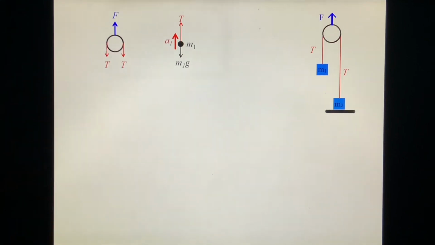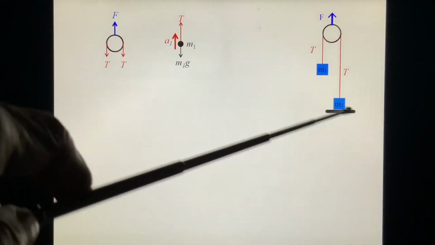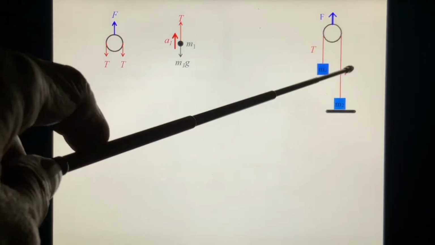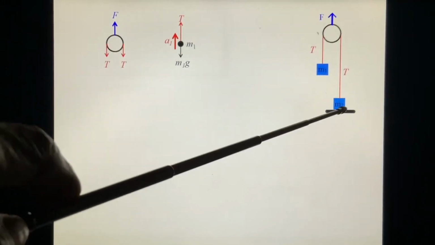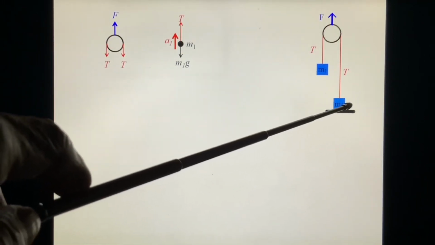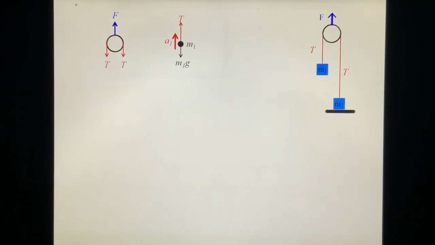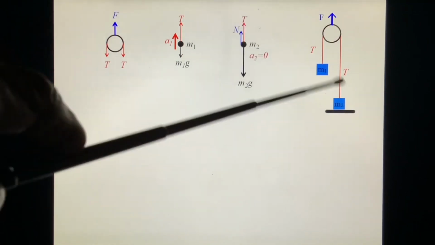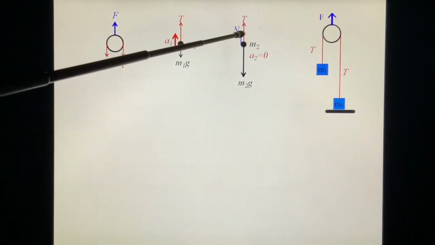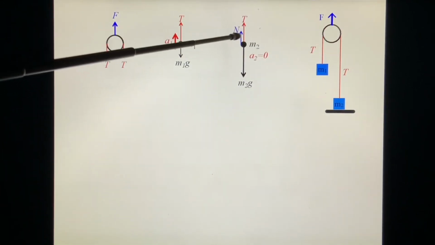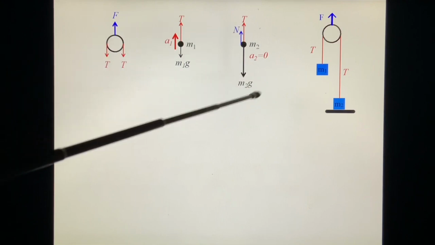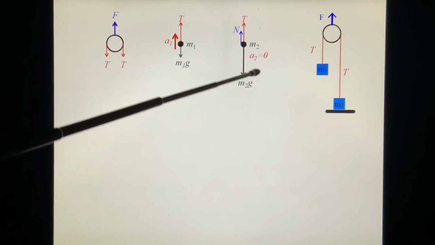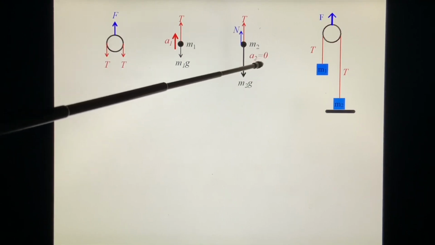For m2, it has tension T from the rope and normal force from the ground. It rests on the earth. So we have T plus normal force N from the earth minus gravitational force m2g equals 0 because it's at rest.